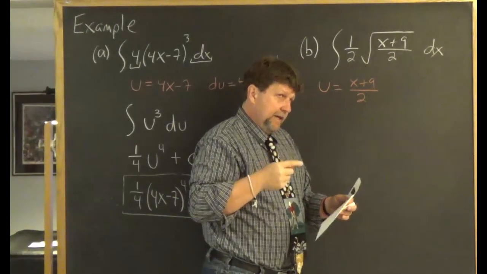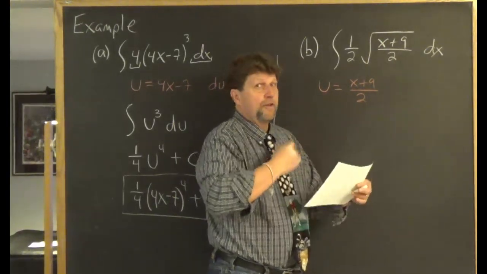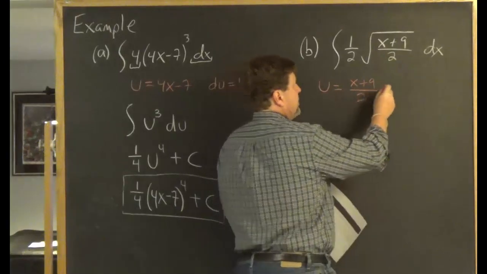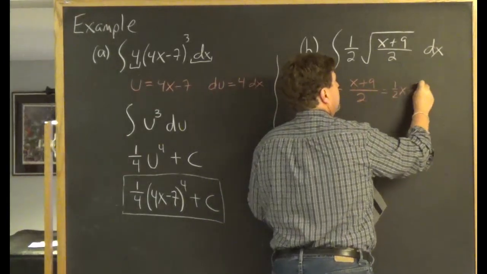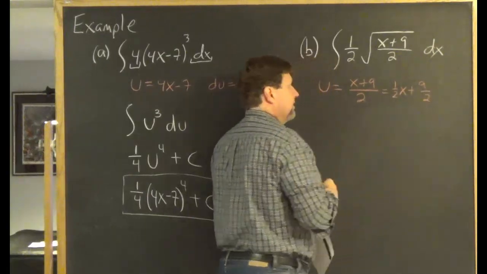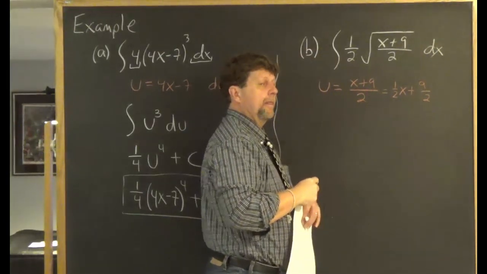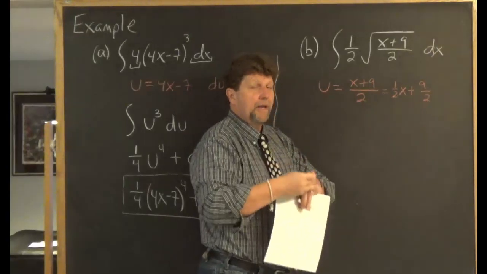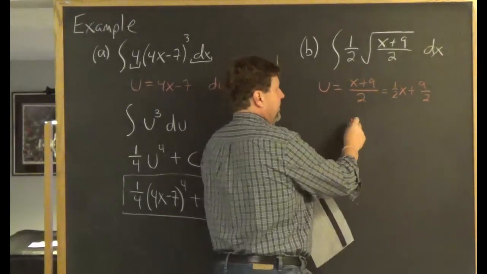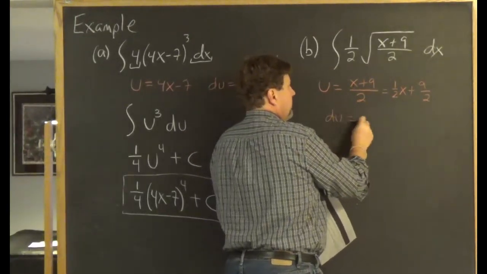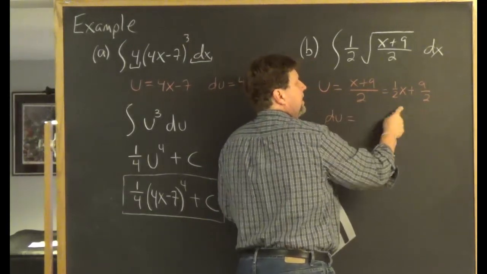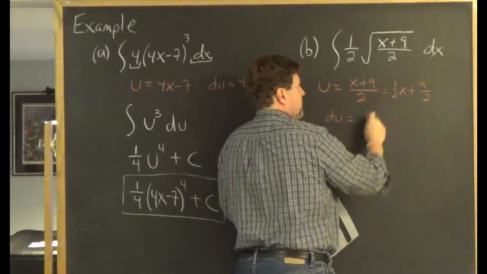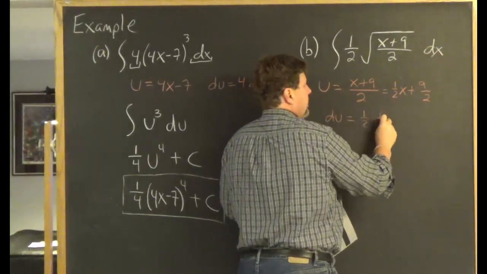Now keep in mind x plus 9 over 2 is really just the same thing as 1/2 x plus 9/2. Now it's not an option. I have to compute the derivative, du, and it's easier for me to do the derivative when it's written like this. So the derivative is just 1/2 dx.